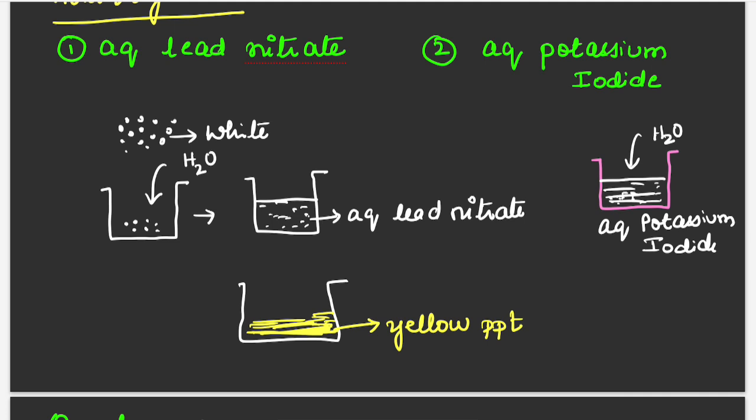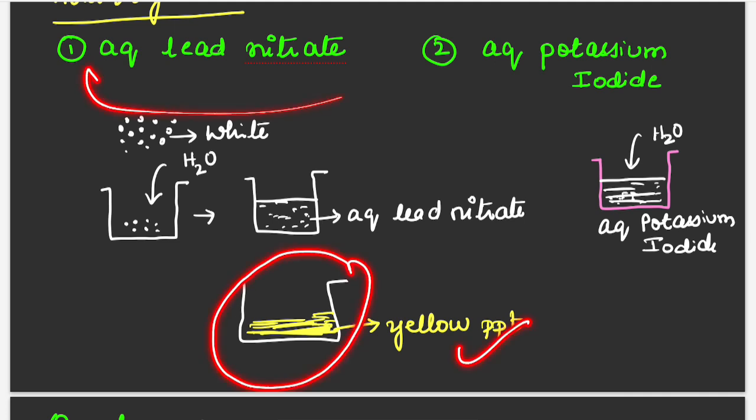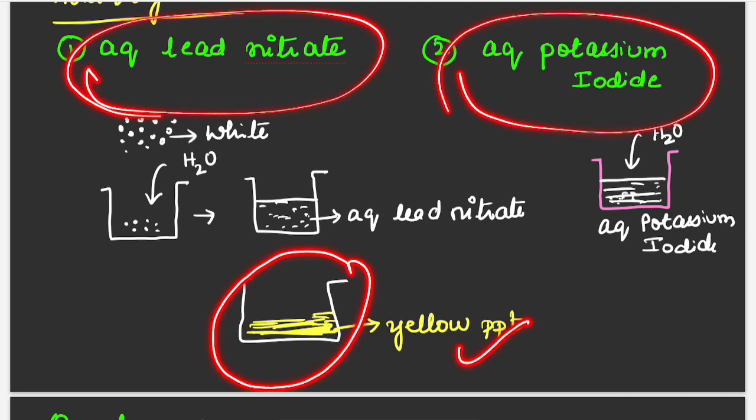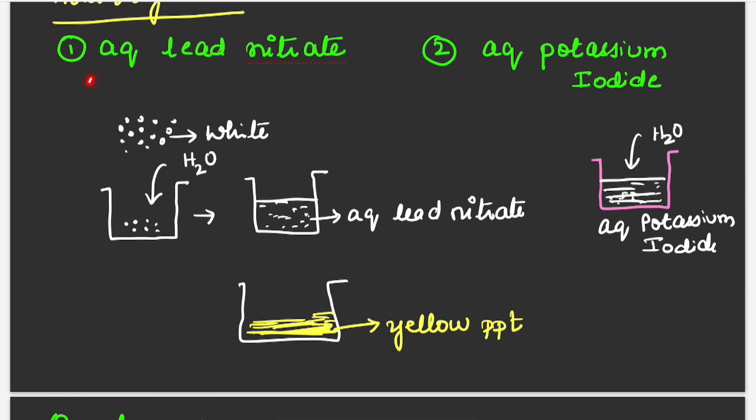This is the activity. The observation is that a yellow color precipitate is formed when aqueous lead nitrate and aqueous potassium iodide are mixed together.